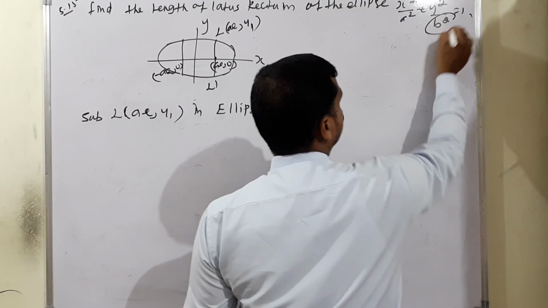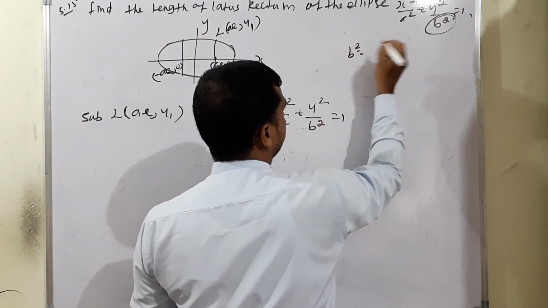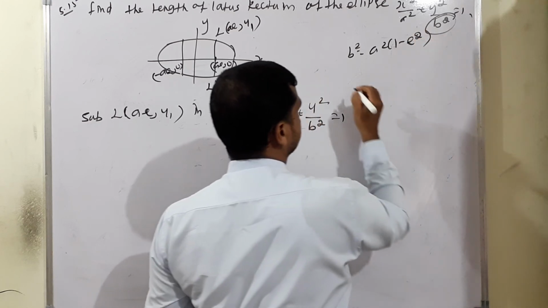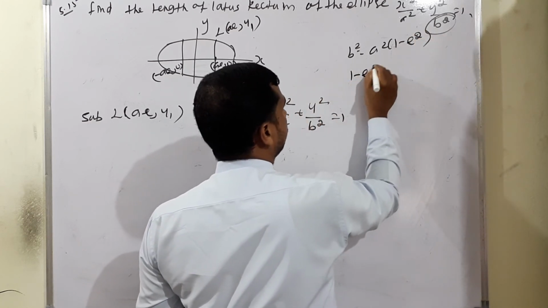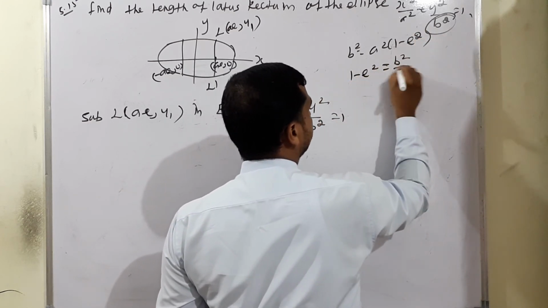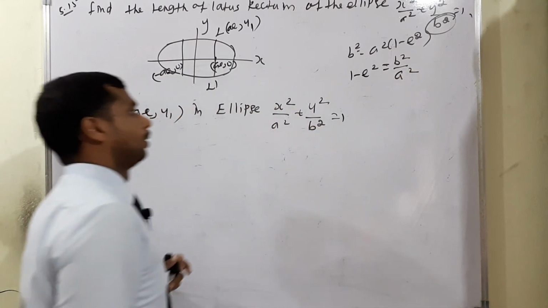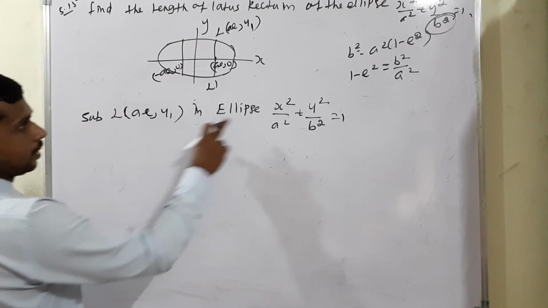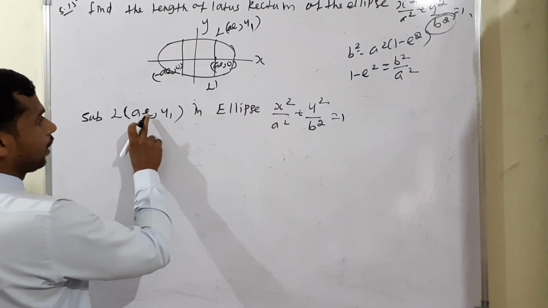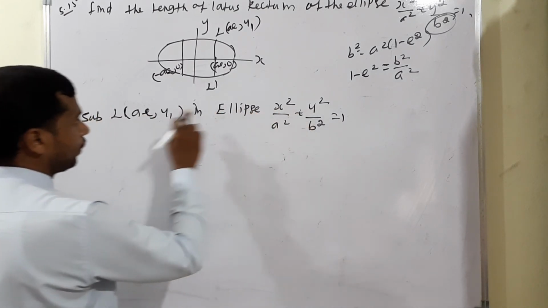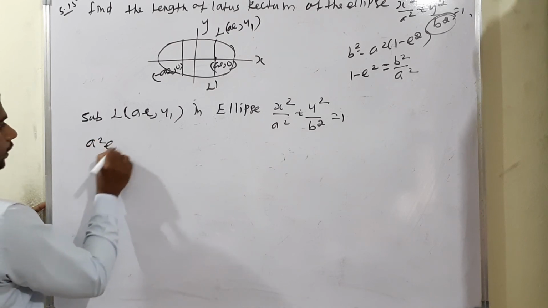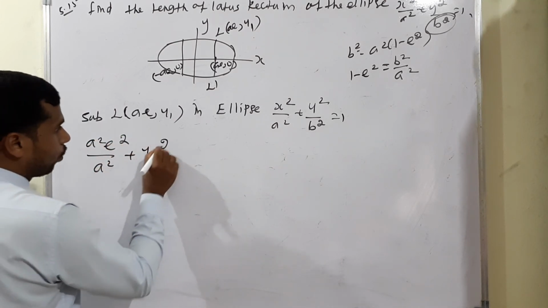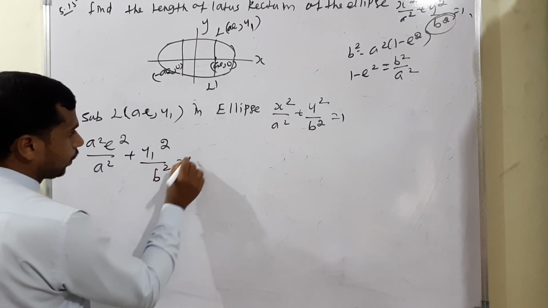Already we know the meaning of b square. b square means a square into 1 minus e square. Therefore, 1 minus e square is equal to b square by a square. This is what we need, okay. So now instead of x we take ae, and instead of y we apply y1. Therefore, a square e square divided by a square plus y1 square divided by b square is equal to 1.